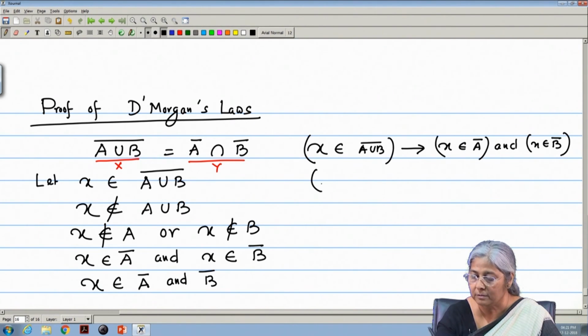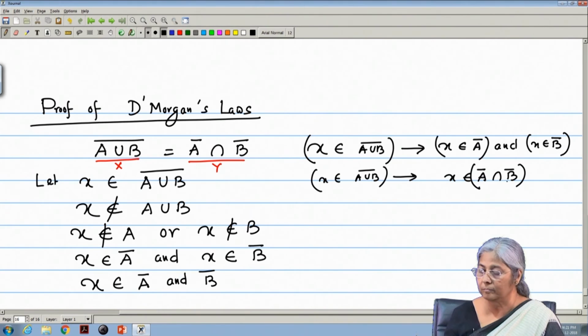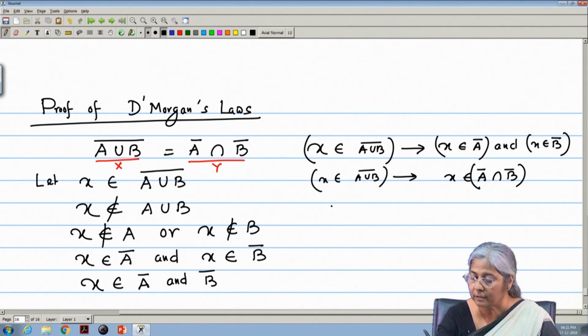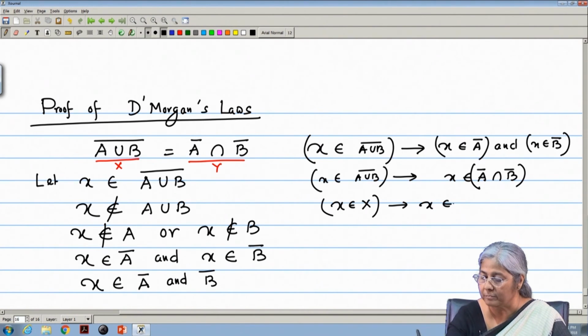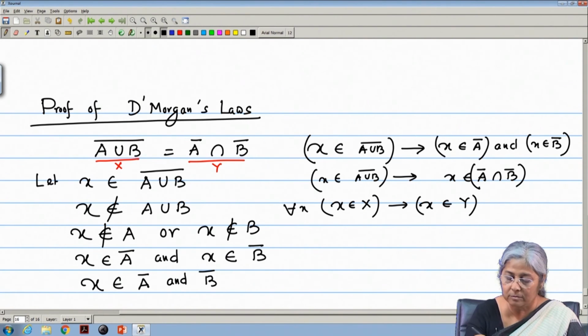That means x belongs to A union B complement implies x belongs to A bar intersection B bar. Or the other way, x belongs to capital X, because this is my capital X, that implies x belongs to capital Y, and this is for all x we have done.